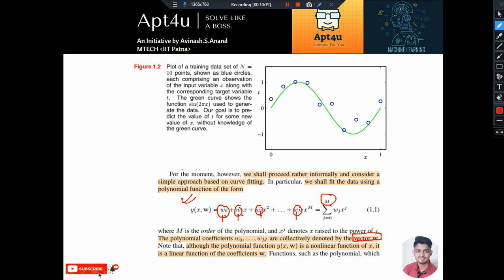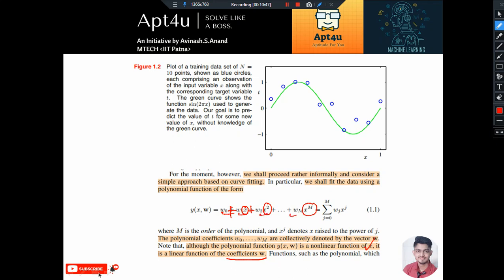Now one thing to note is that this polynomial function is non-linear in terms of x, because we have x to the power 1, x squared, till x to the power m. But it is a linear function of the coefficients w, because the power of w is always linear in nature.